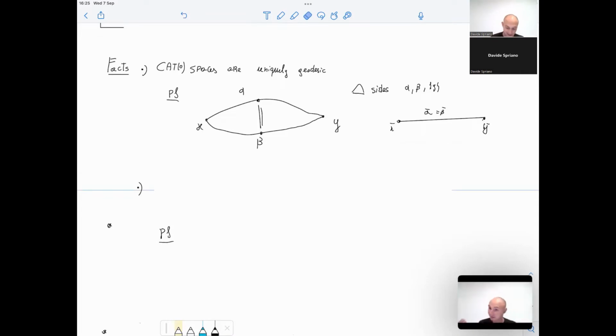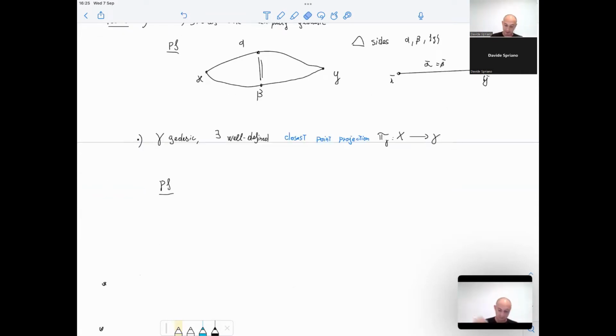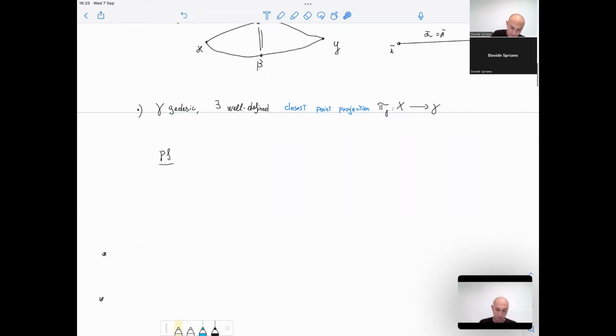Nice, this is a nice property. And let me tell you another one, which is that if I now take a geodesic gamma, there exists a well-defined closest point projection from the whole space to gamma. That is to say that if I take gamma, which is maybe this geodesic, and I take any point X, there exists a unique point in gamma that is closest to X. Okay, so here is the proof.